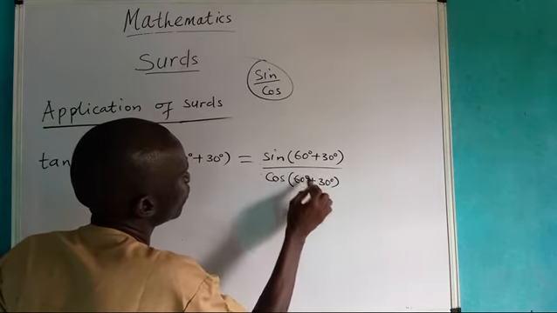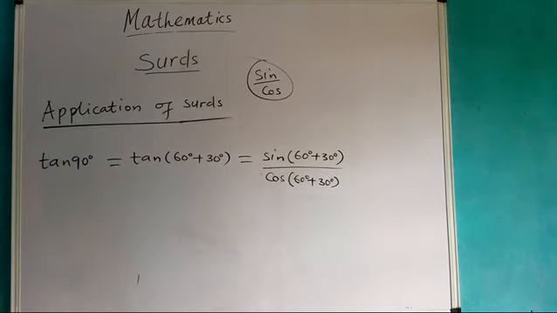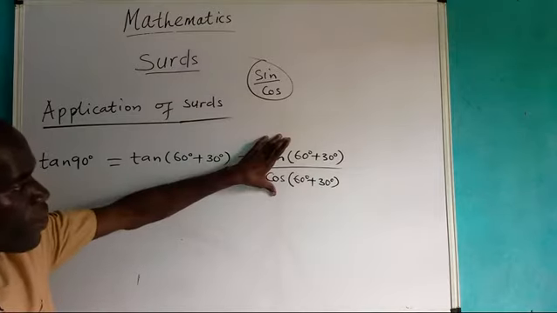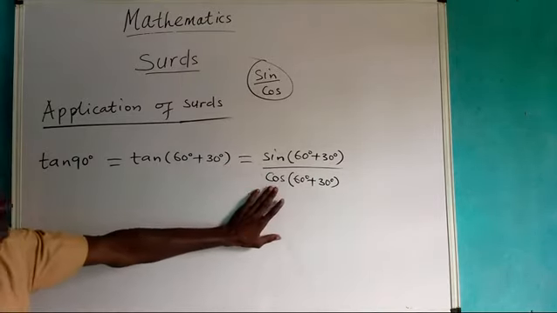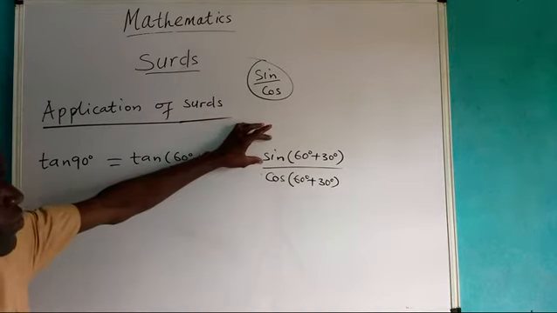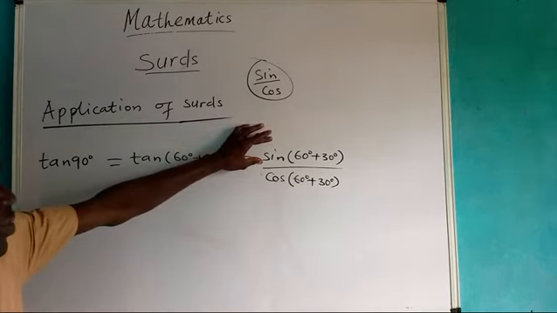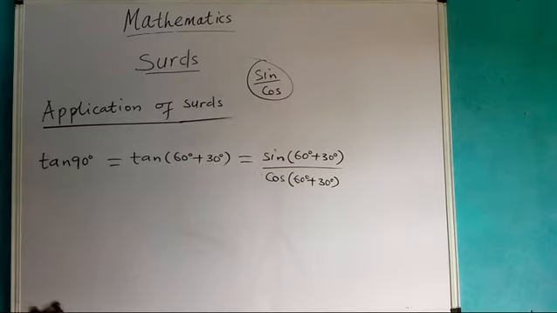This is what I will have. Okay, we can still proceed. For the numerator, I can use an identity.